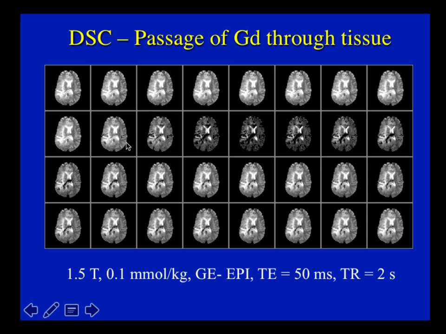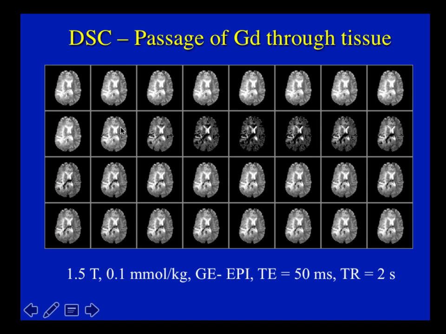As the contrast agent starts to wash in to this slice, we see a reduction in signal intensity, and at some point we see a peak signal loss. As the contrast agent washes out from the slice, we see the signal intensity returning back to normal. These images were acquired with a TE of 50 milliseconds and were taken at 1.5 T.